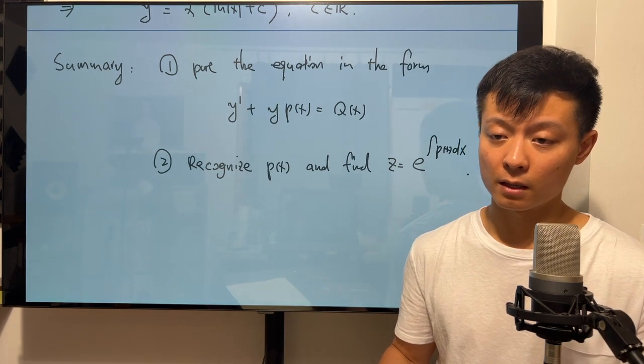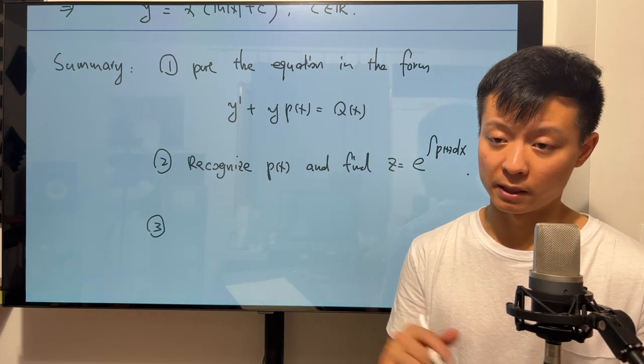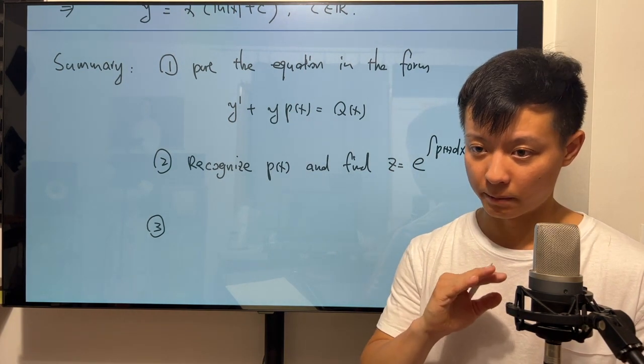The very last step, you just multiply both sides of the equation by this integrating factor and proceed through.